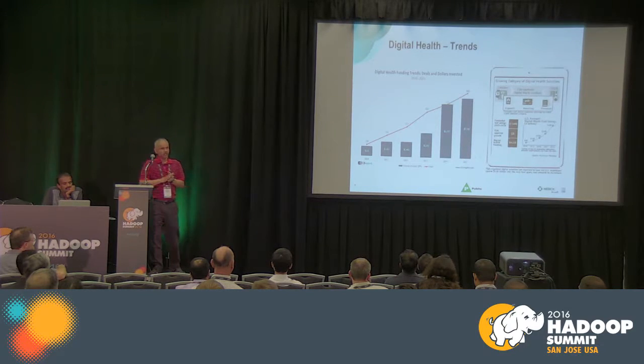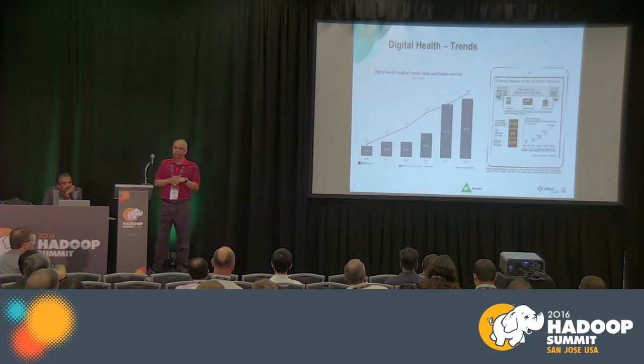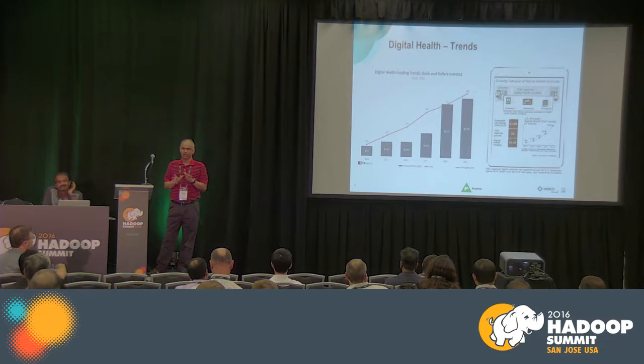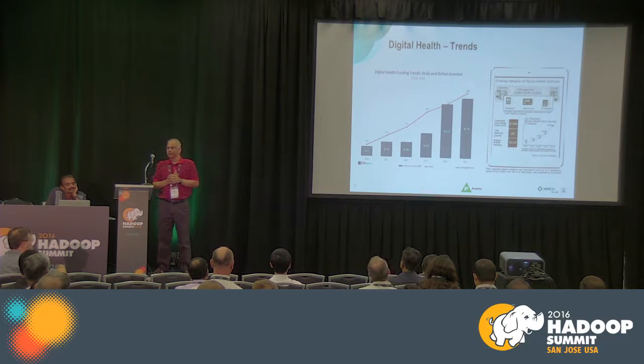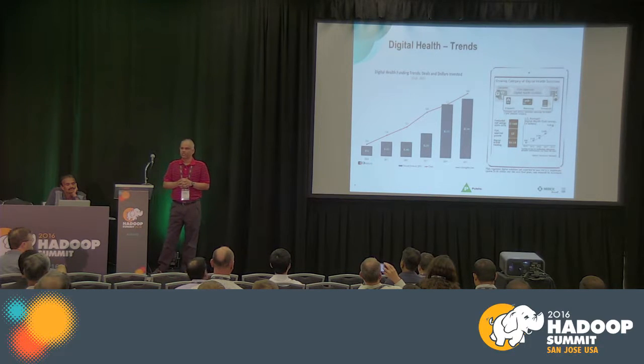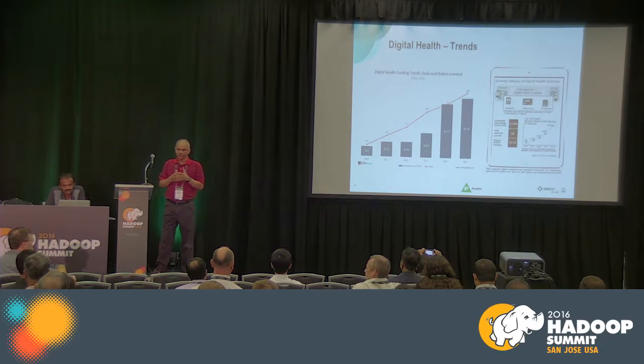So this is a chart that tells you the business impact. In 2015, the amount of money flowing into the digital health trends is just staggering. It's like $6 billion, and there are like 900 deals that have come to fruition. And when you look at the other chart, the prospect of saving money, particularly when getting preventative advice, is staggering.